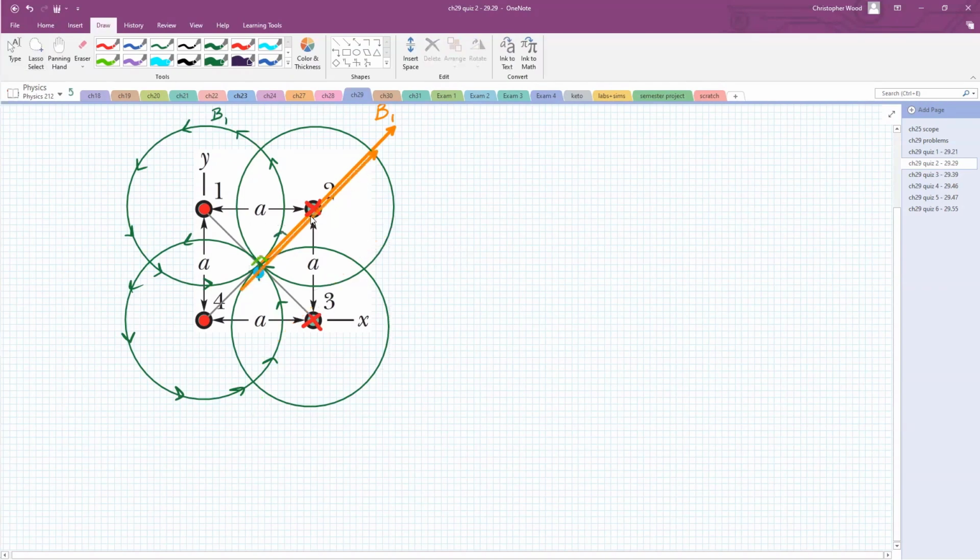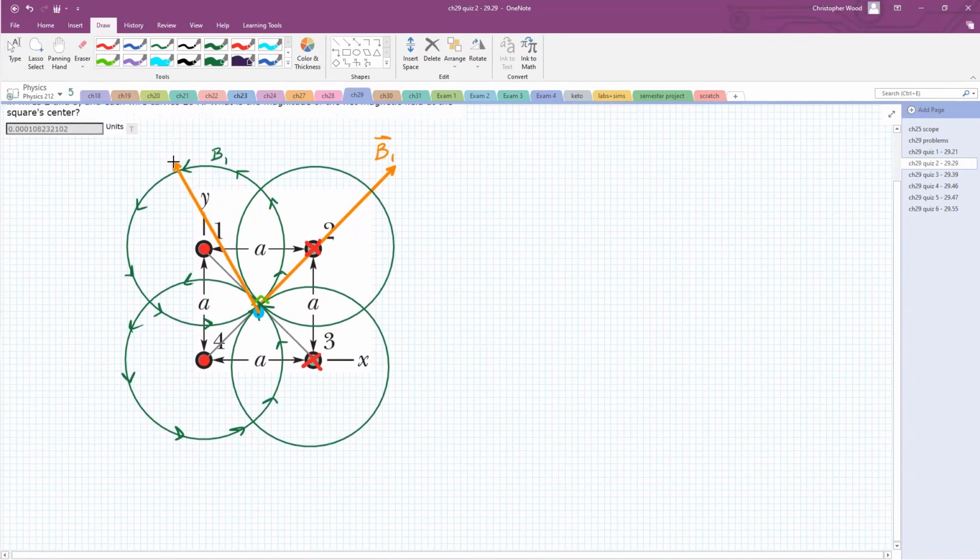And that would be B4. Good enough. This is the magnetic field that exists at point P due to wire 4.